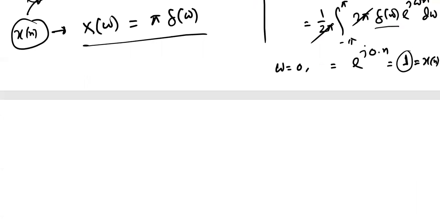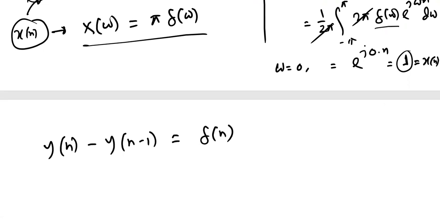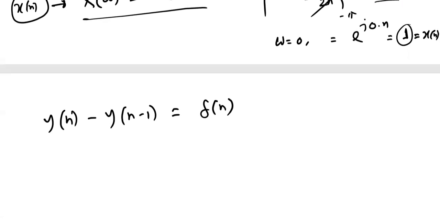And now if we consider y[n] minus y[n-1], that is again a delta function in the time domain. If we do the Fourier transform of both sides, what will be the value? Of course, this will be Y(omega) minus e to the power minus j omega times Y(omega), according to the shift property.